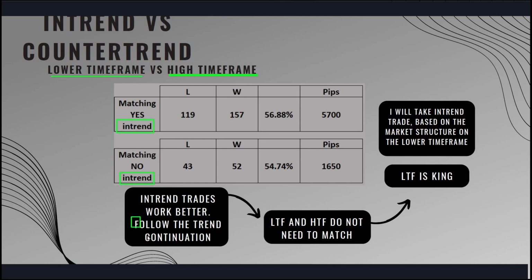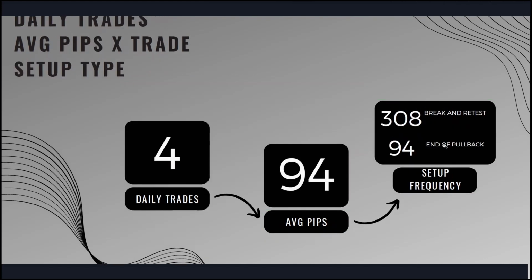If I simply had to follow the trend continuation, they don't need to match. Lower time frame is king, and this is sort of the result. The result is that I will take in-trend trades based on the market structure on the lower time frame. This is my go-to rule.